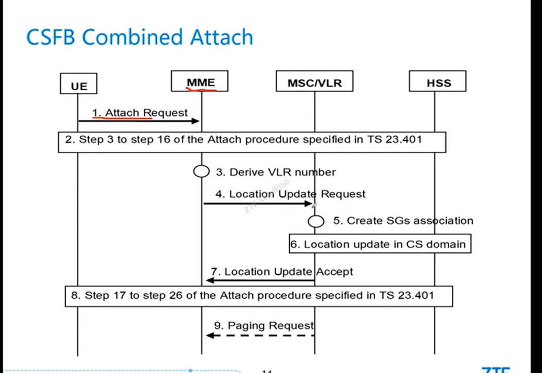So steps 3 and 4 are the combined attach. After that, the MSC and the VLR will feed back the response, that means the combined attach is finished. After it finishes, if the UE has some paging, the 2G and 3G core network can also send it.